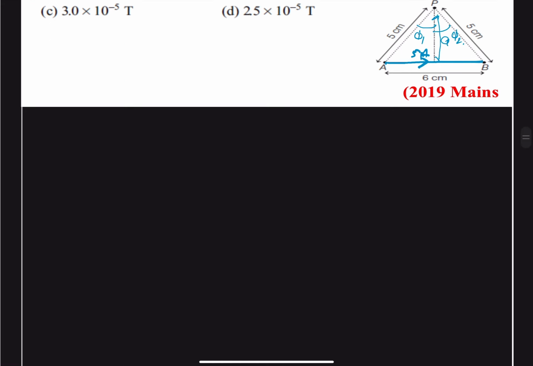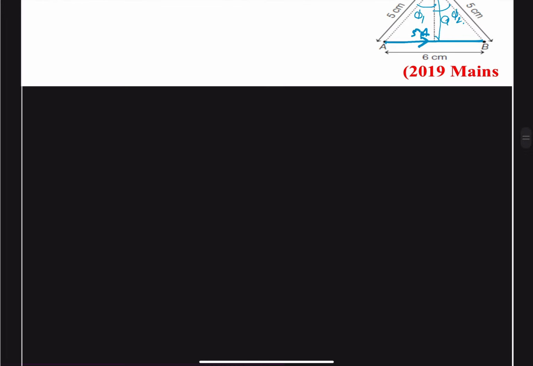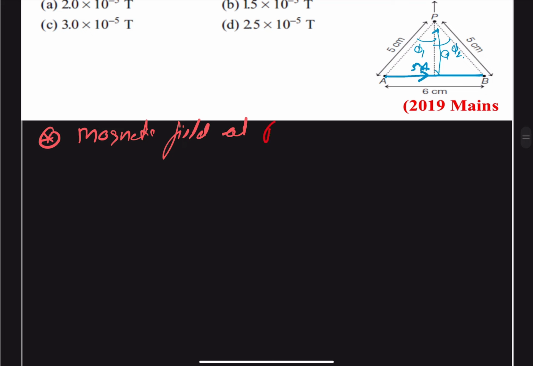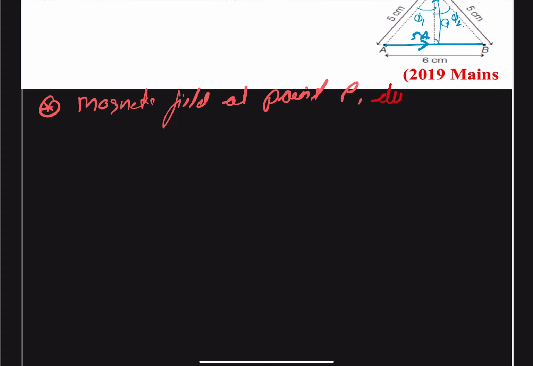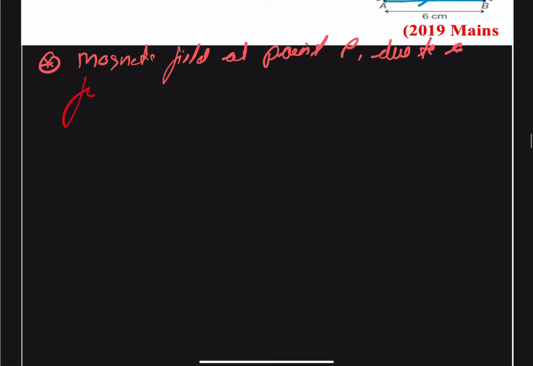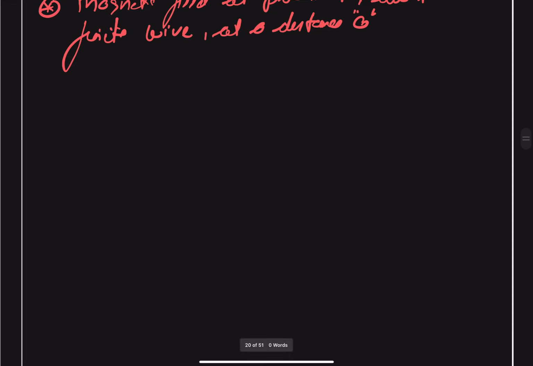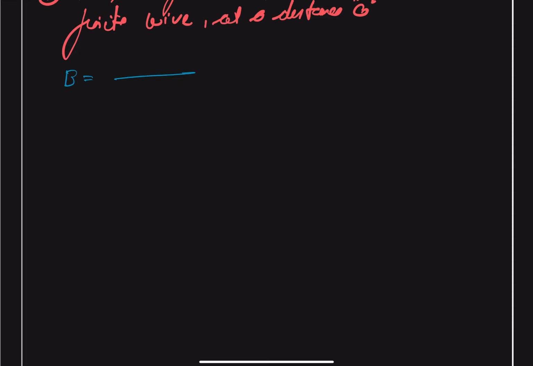We can say that magnetic field at point P due to a finite wire at a distance A, we can write this as B equal to mu naught I upon 4 pi A into sine of phi 1 plus sine of phi 2.